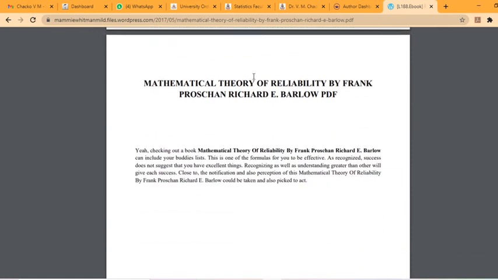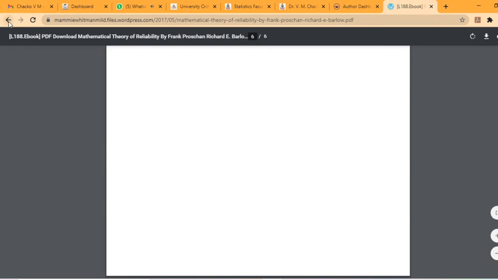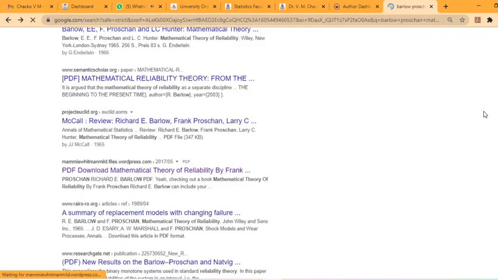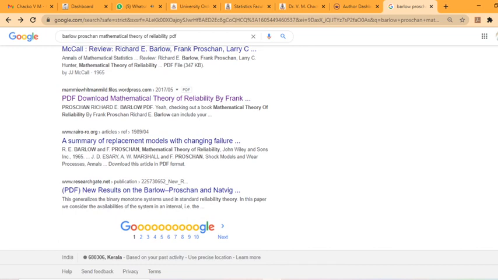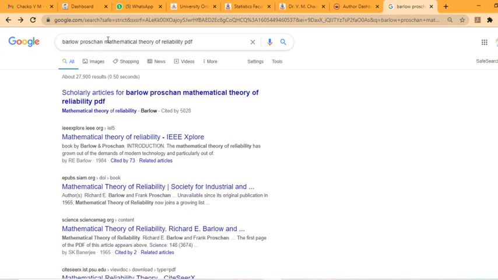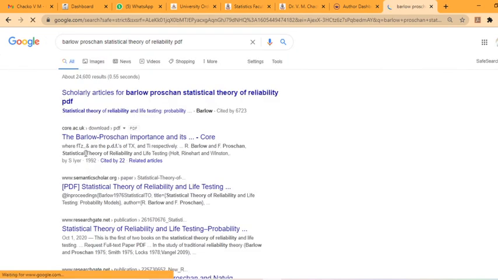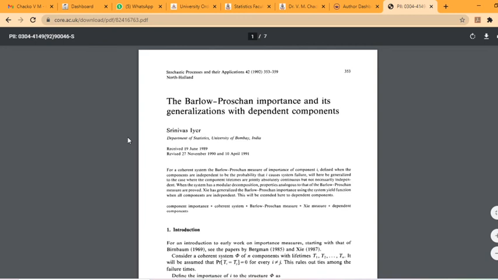Let me do this. No, this is only the... It is available in our library. We have purchased one book, Mathematical Theory of Reliability, and we are referring to it for statistical theory. Wonderful book, a research book. I don't know whether this is available.